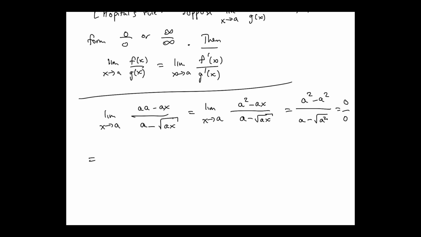Okay, so this limit is of the form 0 over 0, which means L'Hopital's rule applies. And what does L'Hopital's rule say to do? Take the derivative of the top and the derivative of the bottom and form the ratio. So what's the derivative of the top?